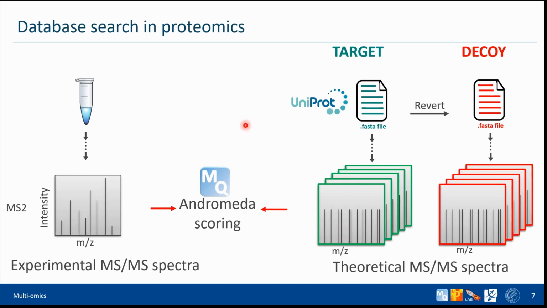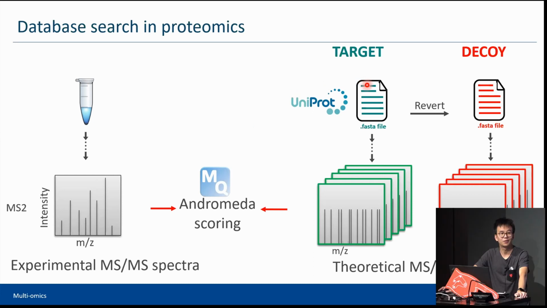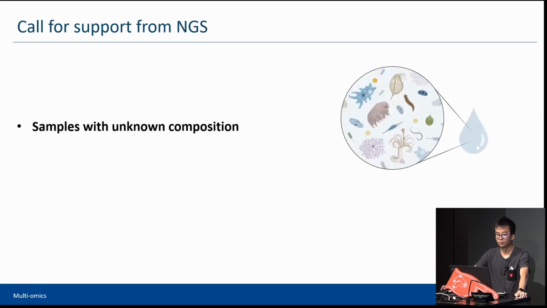But if you think about it, what if I cannot get a reference protein database from UniProt? For example, what if you don't know the composition of your samples, like microbial samples, or you are studying some organisms that are not really model organisms that have been recorded in public databases.